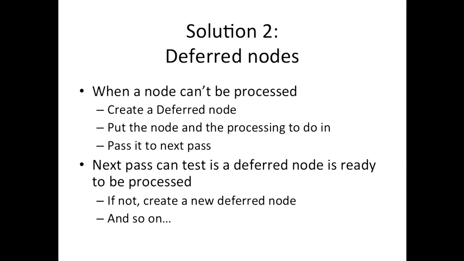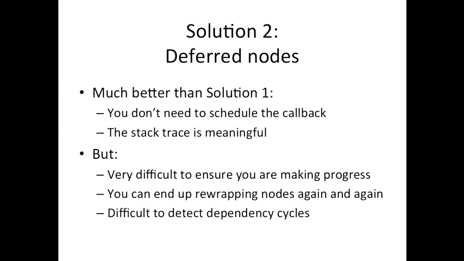So the second solution I tried was deferred nodes. Let's say I have an expression and I cannot compute it right now. I will create a deferred expression with my expression in it, and there is a closure that tells me how to analyze it. And that works pretty well. The main problem is when you have a loop, where two things depend on each other, and somehow that's not compilable.